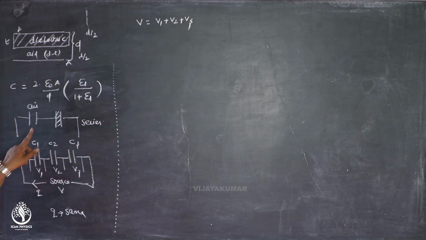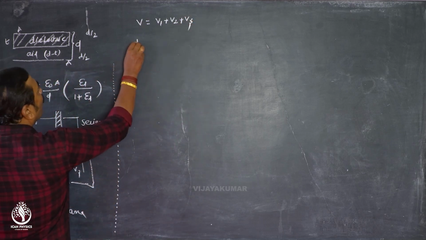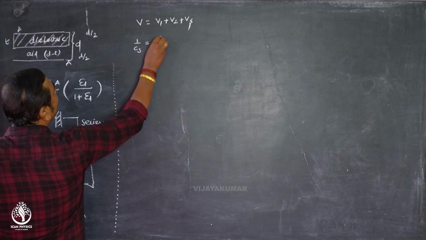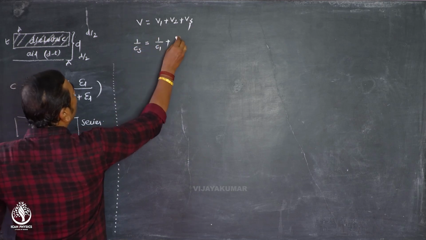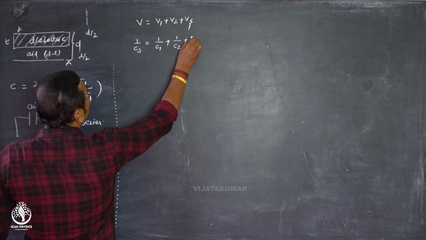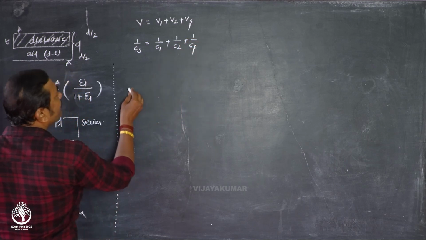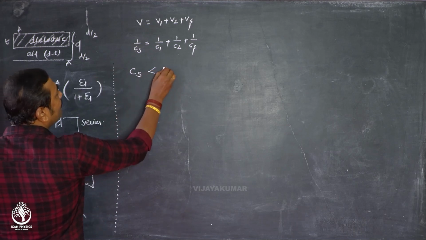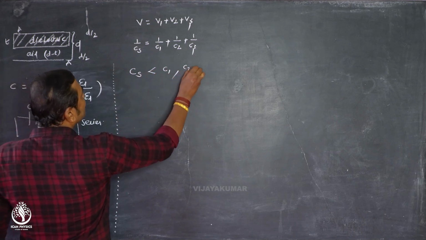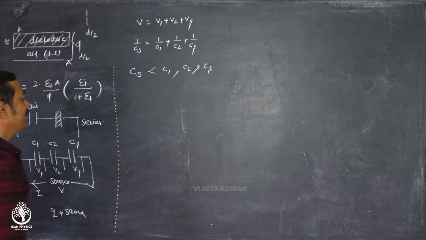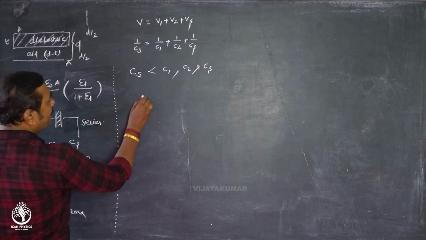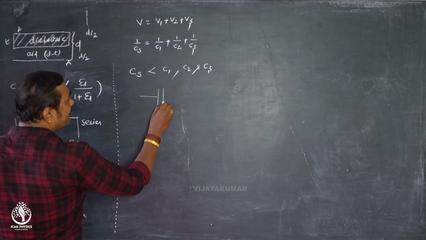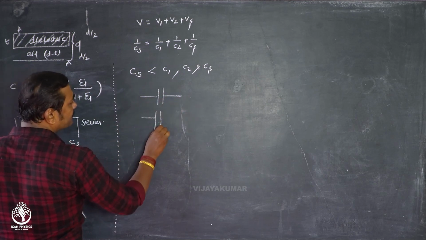So 1 by Cs equals 1 by C1 plus 1 by C2 plus 1 by C3. Finally we can say the effective capacitance is always less than C1, C2 and C3 when the capacitors are connected in series.